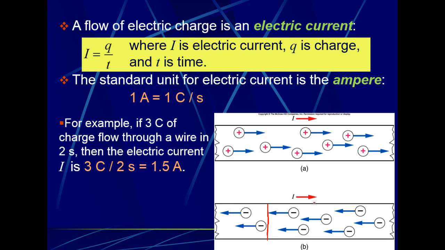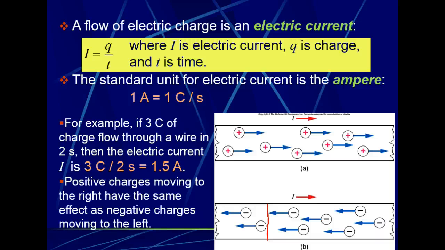But thanks to our good friend Benjamin Franklin, where positive is a surplus, the definition of current is the direction of flow of positive charges. So that means the current, by definition, opposes the flow of negative charges, or our electrons. So that's why current is to the right.